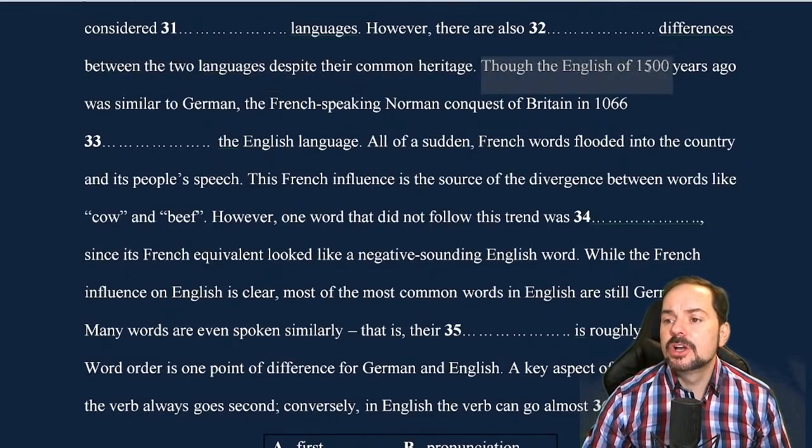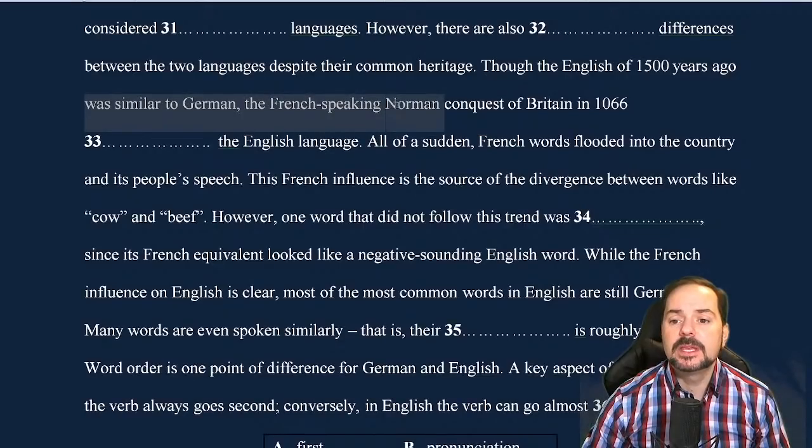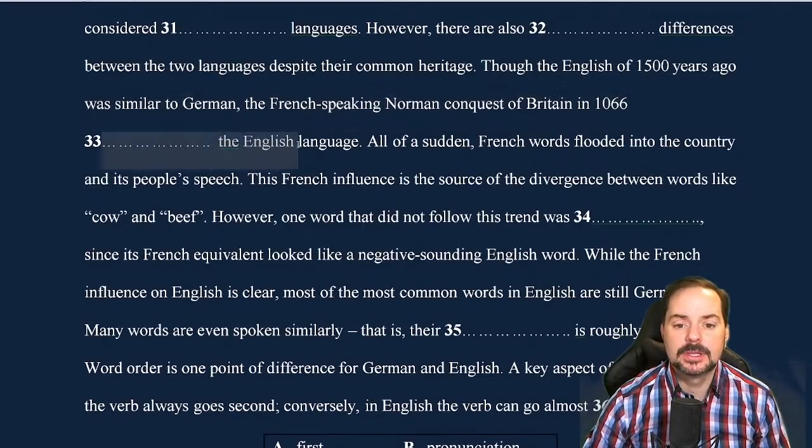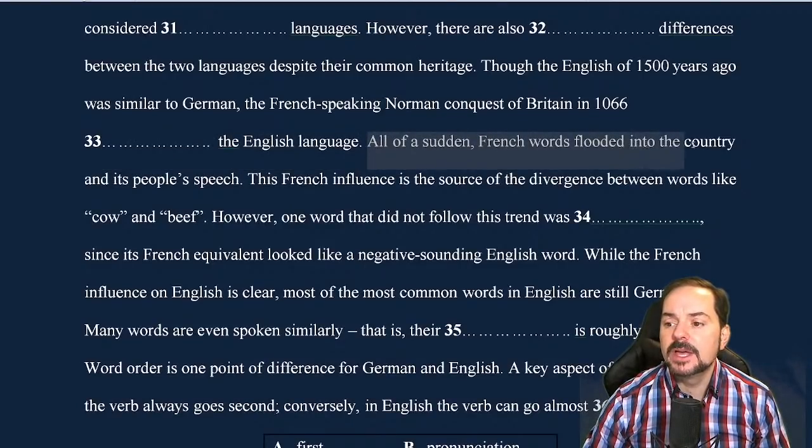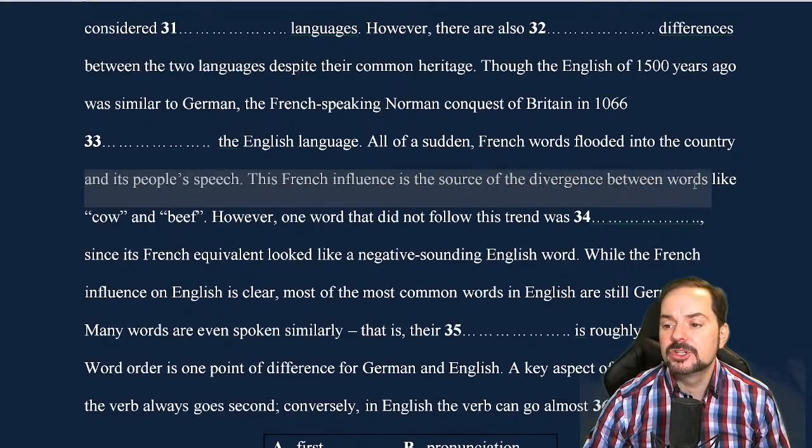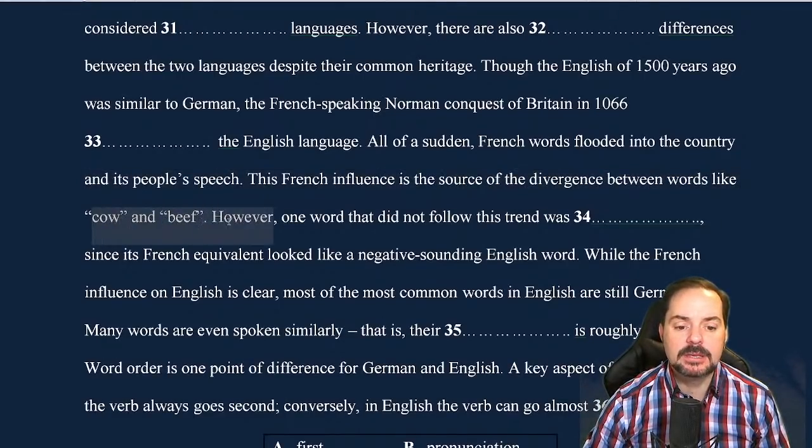Though the English of 1500 years ago was similar to German, the French-speaking Norman conquest of Britain in 1066 something the English language. All of a sudden, French words flooded into the country and its people's speech. This French influence is the source of the divergence between words like cow and beef.